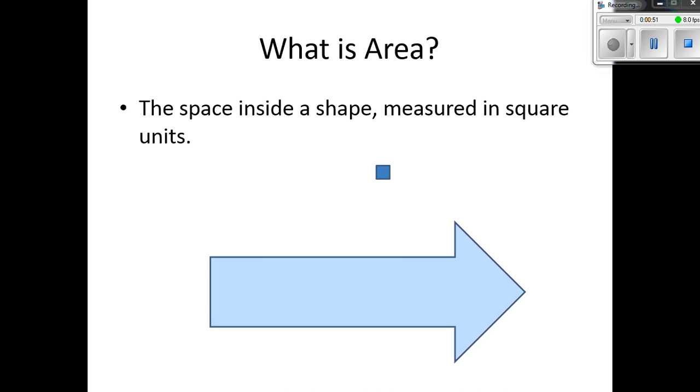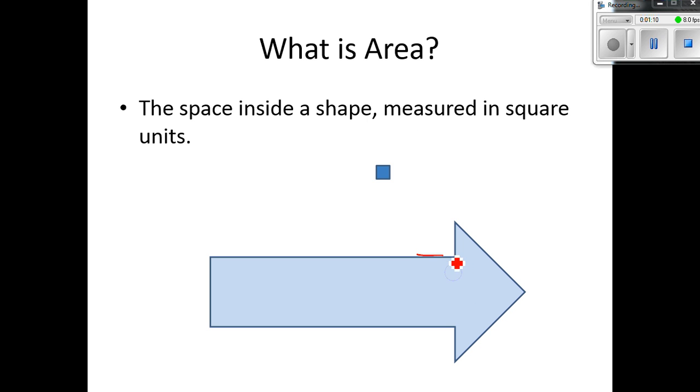So what is area? Well, area is the space inside a shape. It's measured in square units. Now, let's back up a minute. We've talked about area before and we've talked about perimeter, but I want to focus on perimeter for a second.